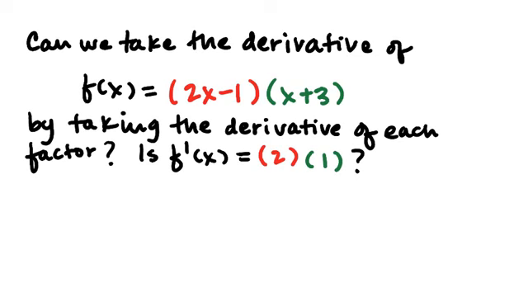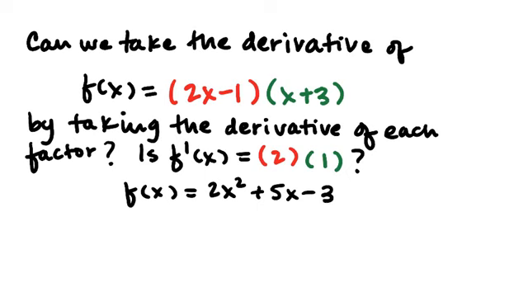So what I'm going to do, just to demonstrate this for you, is I'm going to actually distribute the 2x minus 1 times x plus 3. So I'm going to say f of x is equal to 2x squared plus 6x minus 1x is plus 5x, and minus 3.